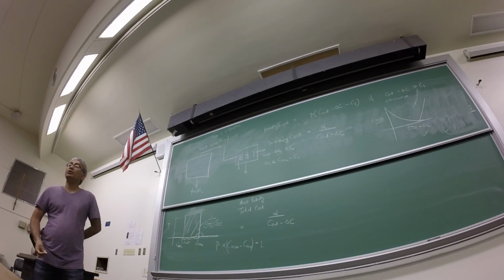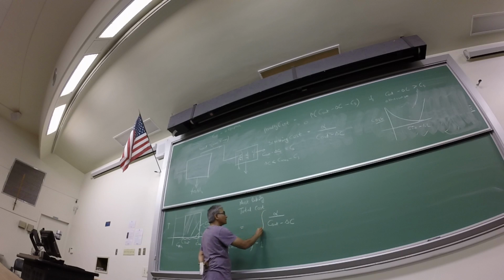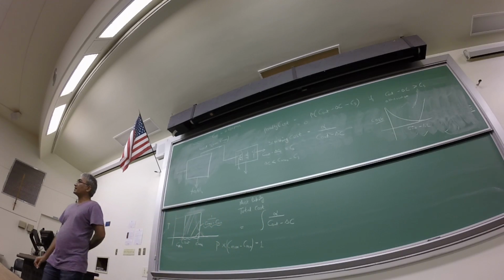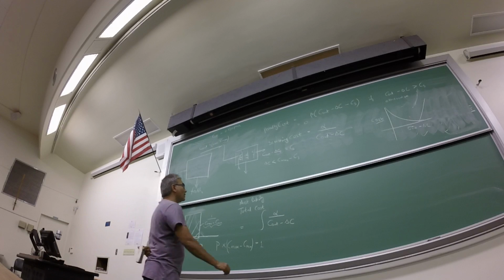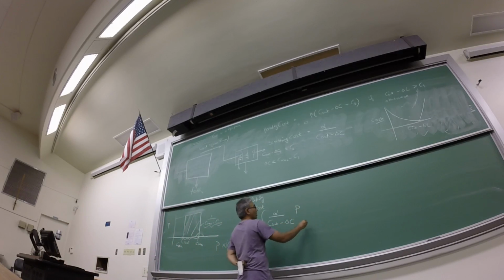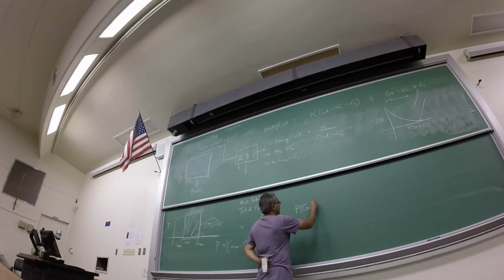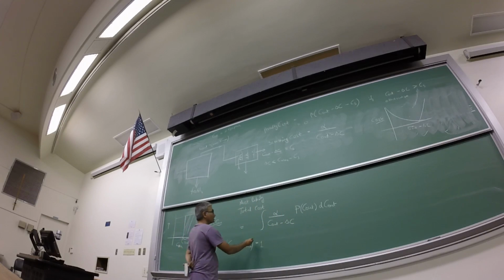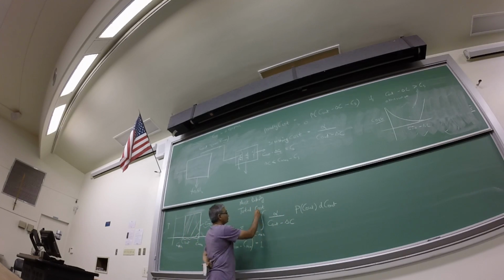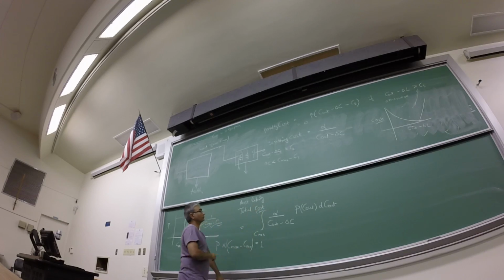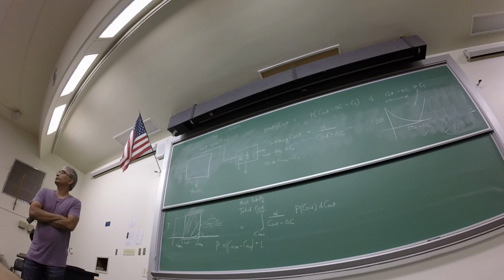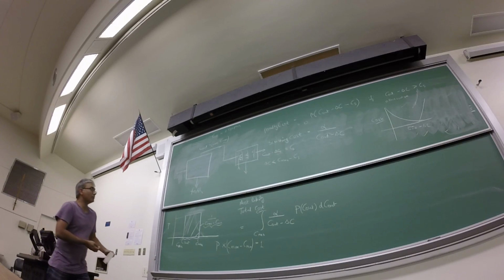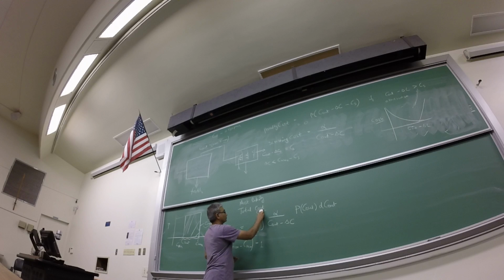But we don't know C out, so we're going to integrate this over the probability distribution function of C out, which means we multiply this by the probability P of C out and integrate over dC out, over the entire range, from C min to C max.